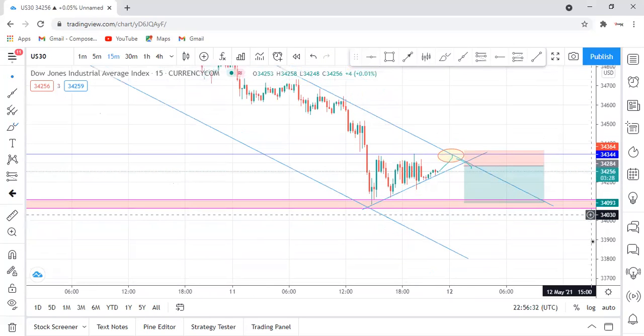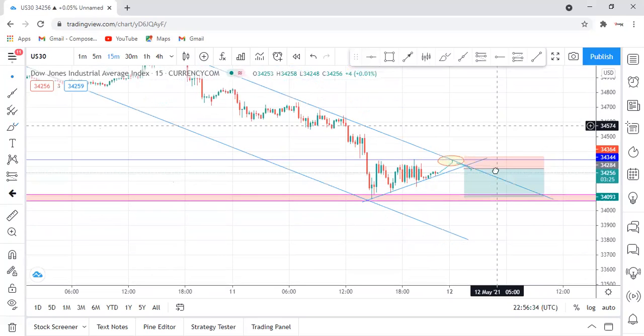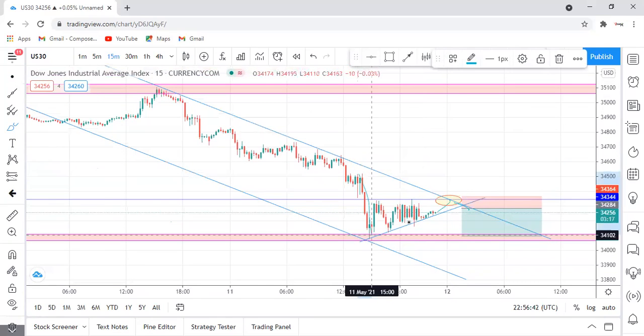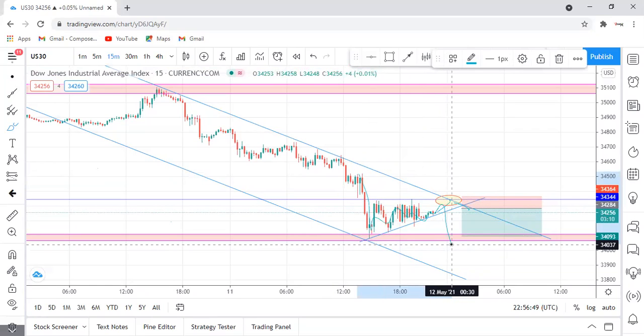If you look, when I bring this one so that you see it, here we're having what we call impulse moves, right? So here it was correcting. If it's correcting, then we're expecting that it should make an impulse move again. But when it makes an impulse move here, we're expecting that it should break that structure, come and retest, and then go to the downside.